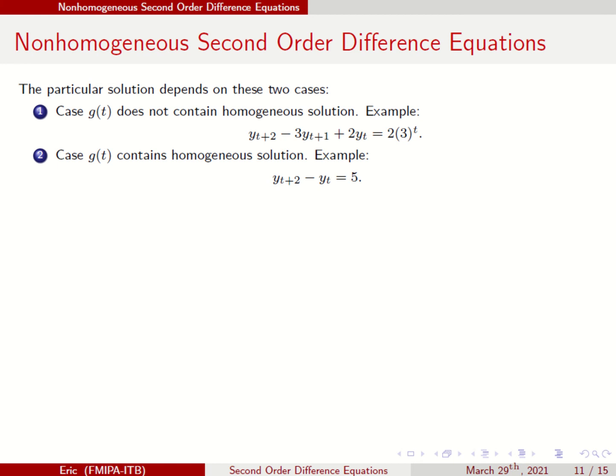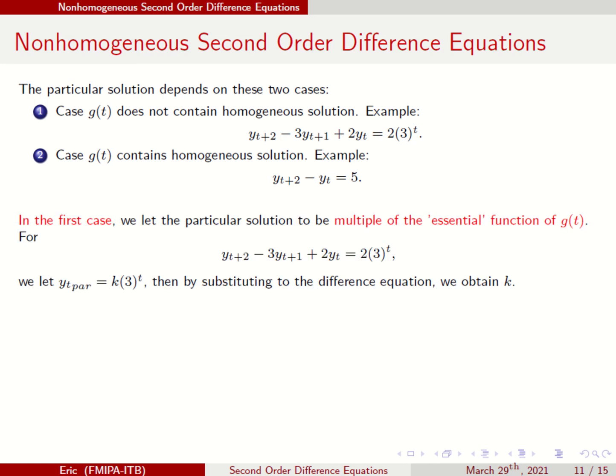So the constant is your homogeneous solution. If your GT is also a constant, this means that your GT contains a homogeneous solution, because one of the essential functions is the constant.